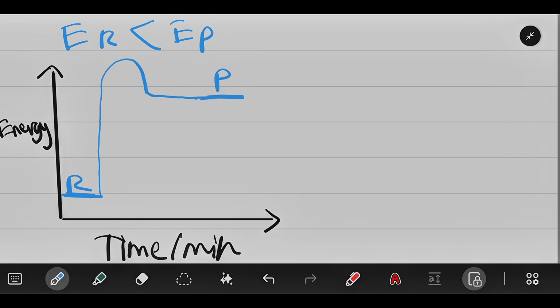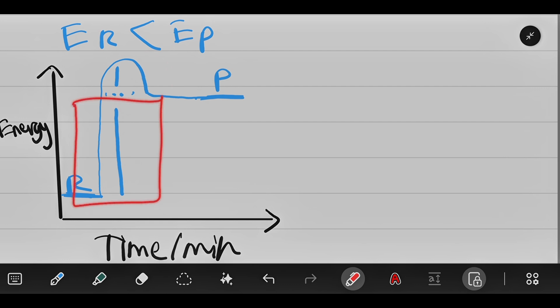Now if I halve this graph as well and make two arrows similar to the exothermic reaction, we know that the activation energy is somewhere around here because it's a hump over here, right? This is the energy that we needed to start the reaction, and this was the energy that we provided to the reactants to give them sufficient energy that they can even react with themselves to form the products, right?